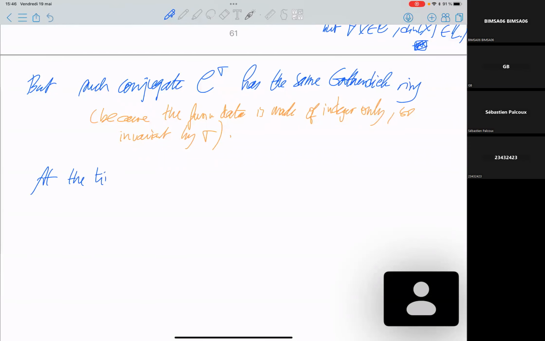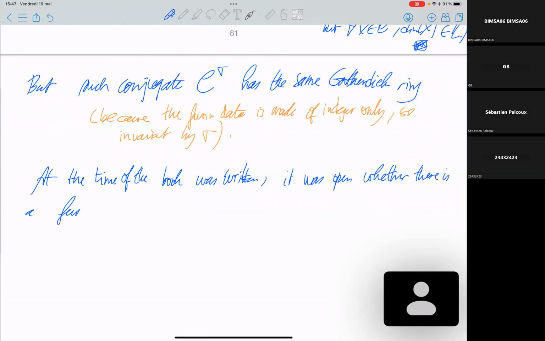So at the time the book was written, it was open whether there is a Grothendieck ring without pseudo-unitary categorification.